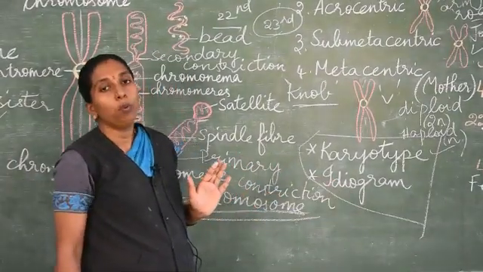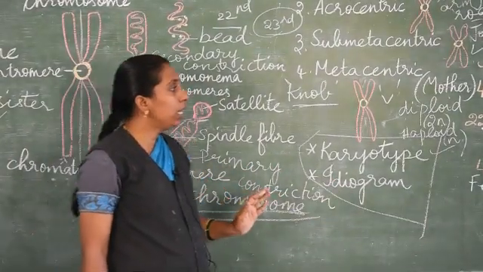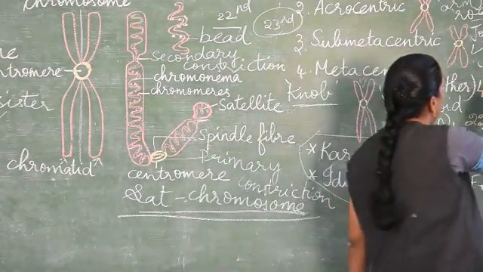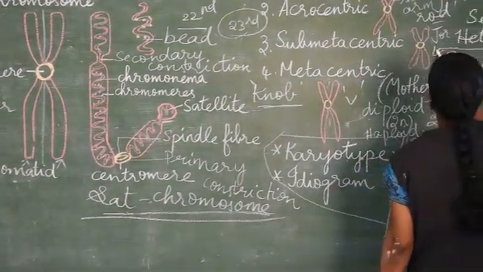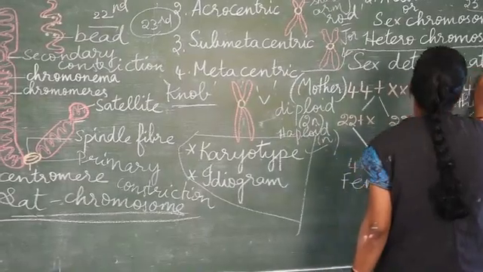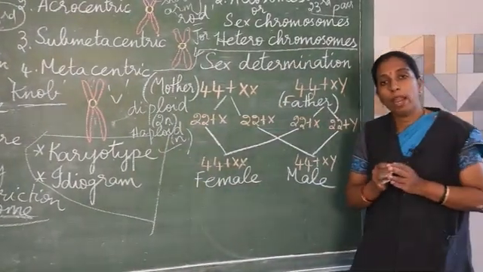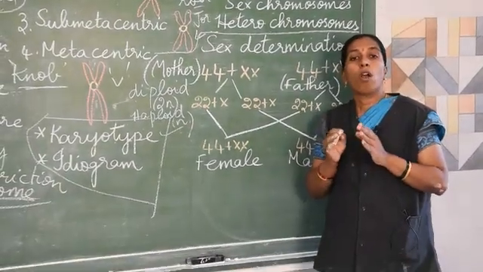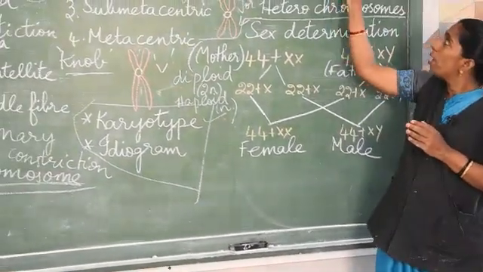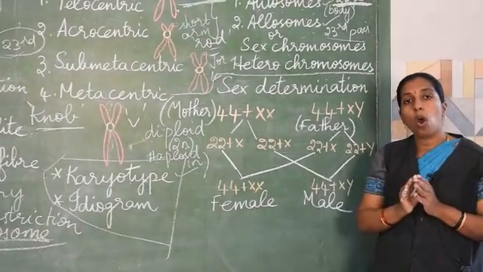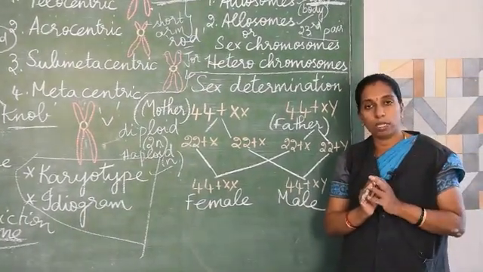Now we shall learn about sex determination in human beings. How is sex determined in human beings? I already told you, in human beings we have 23 pairs of chromosomes or 46 chromosomes.